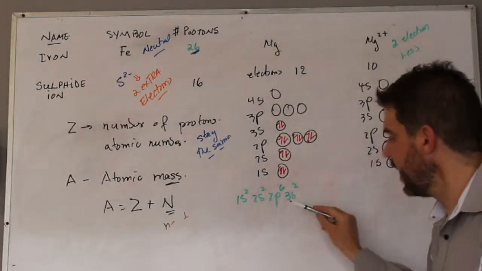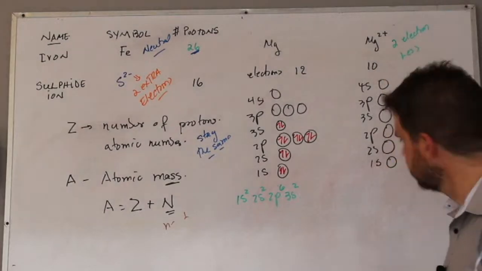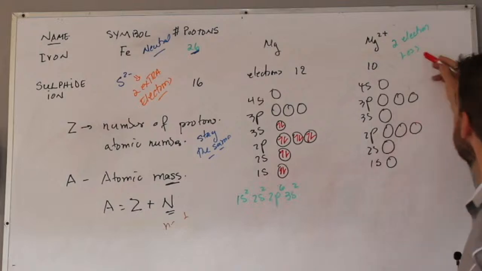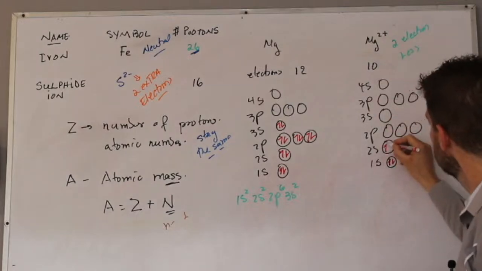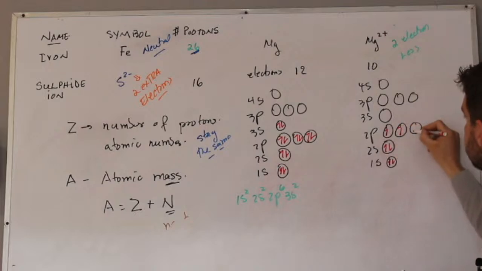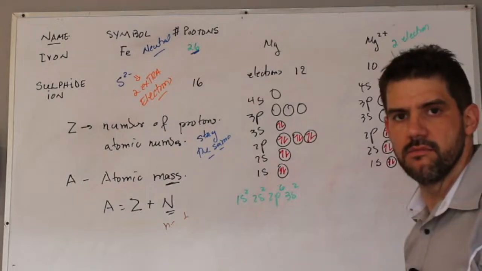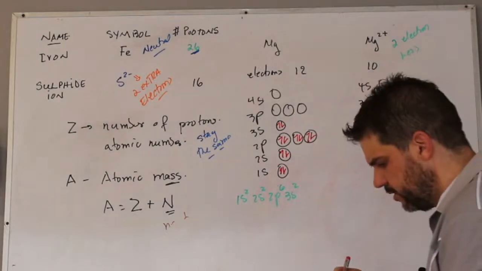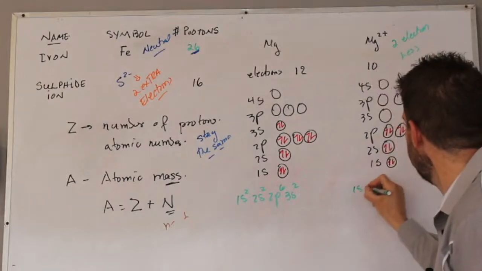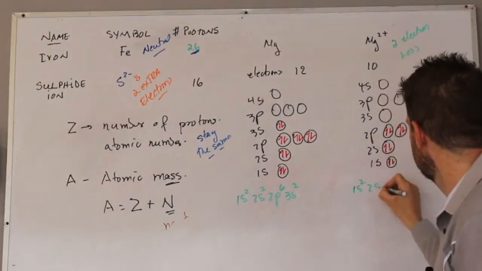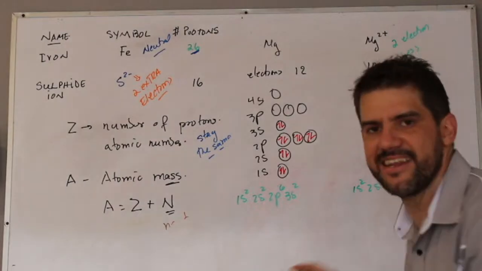Orbital diagram and SP notation for the ion. For that ion, what do we have? 10 electrons. So it's 1, 2, 3, 4, 5, 6, 7, 8, 9, and 10. All right, so the SP for magnesium ion is going to be 1s to the power 2, 2s to the power 2, 2p to the power 6, and that's it.